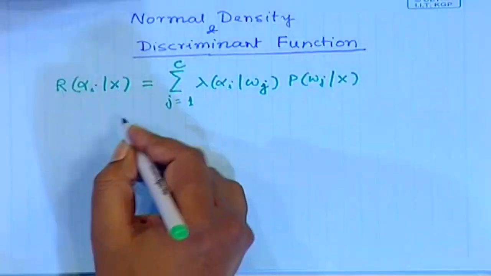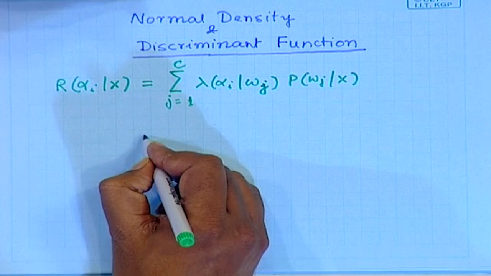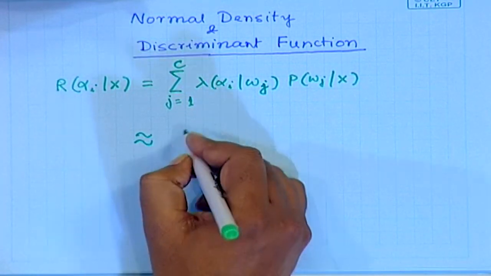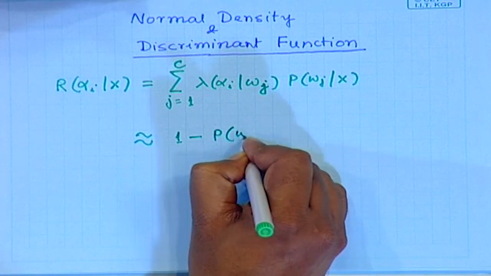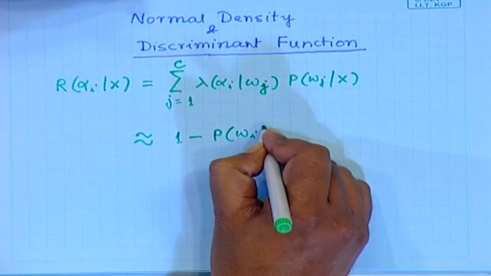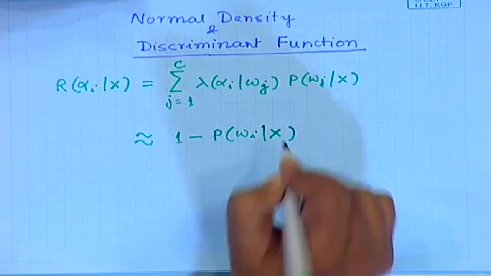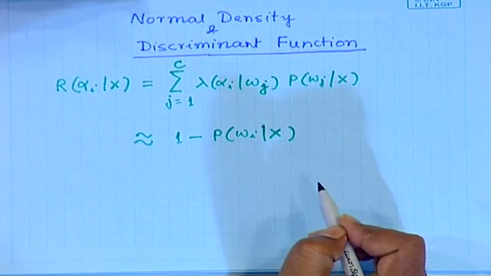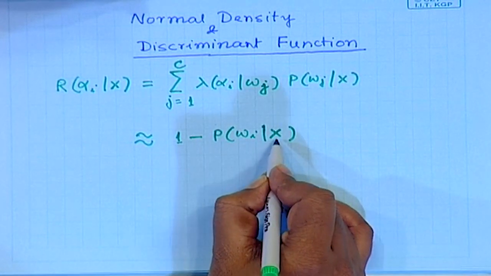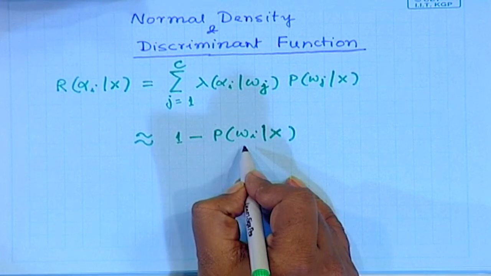And then we have said that we can derive another classifier, which is minimum error rate classifier, from this Bayes minimum risk classifier, where this risk function can be reduced to the form of 1 minus p of omega i given x. So, when this is minimum, we have to put x in the corresponding class omega i.